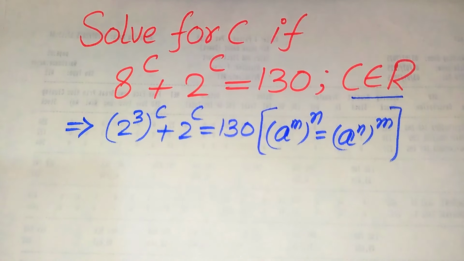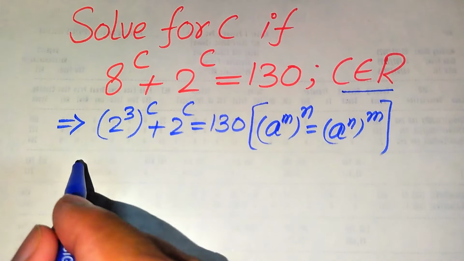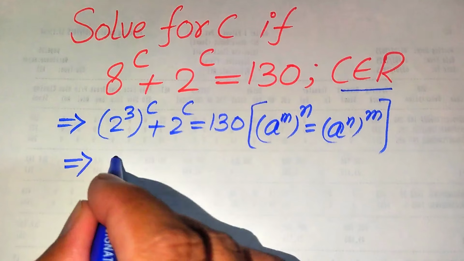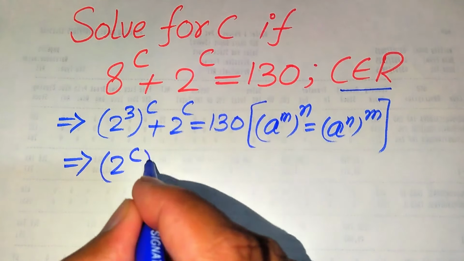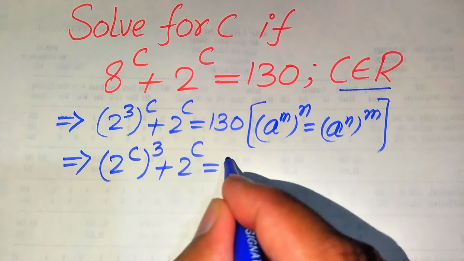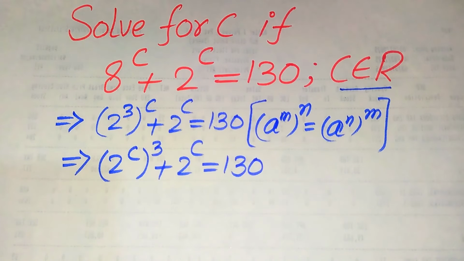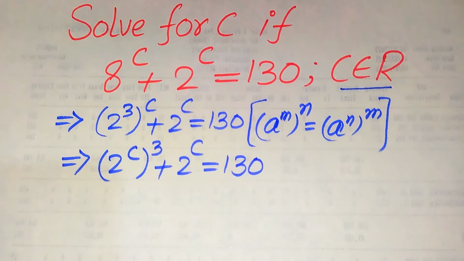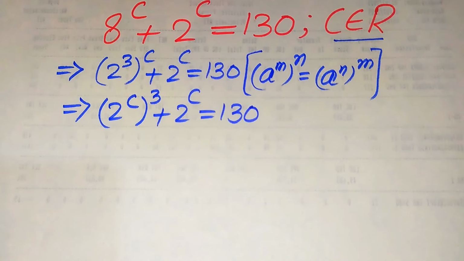So according to this rule, we interchange these two exponents and it will be written as 2 to the power of c, and its whole cubed, plus 2 to the power of c, equals 130.